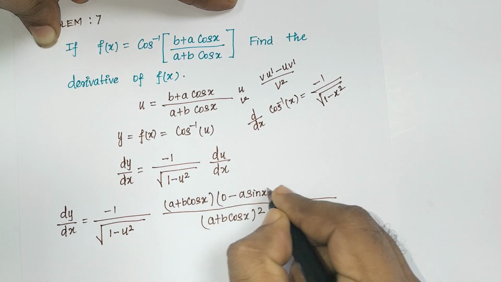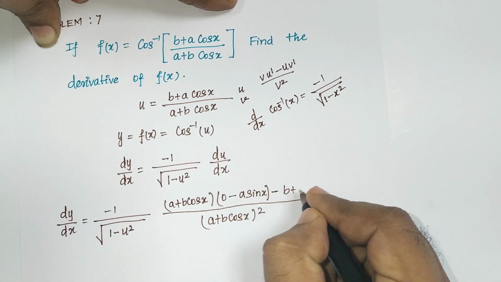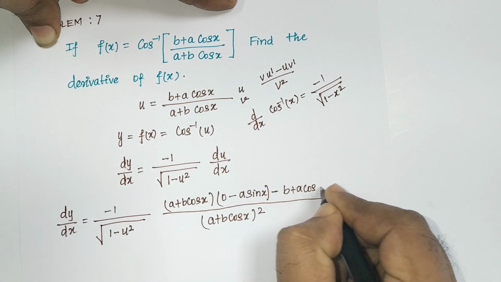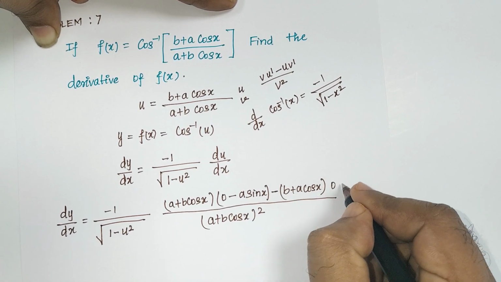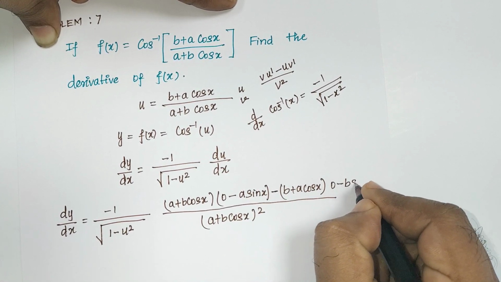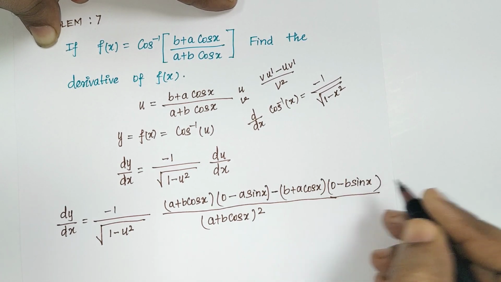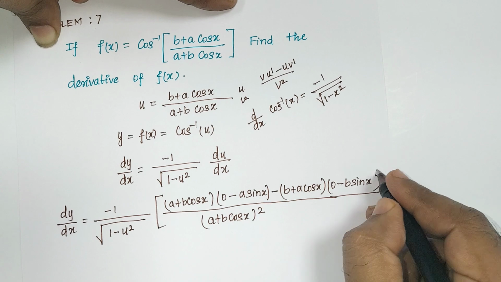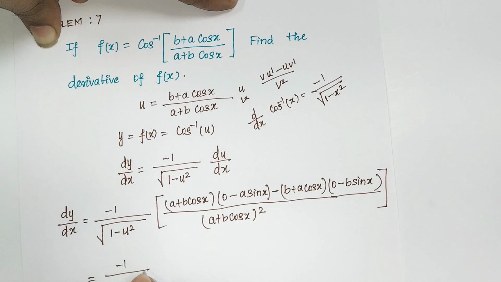And now minus u is constant, b plus a cos x constant, and differentiation of v we can write as 0 and minus b sin x. So I'll write minus 1 divided by square root of 1 minus u square.